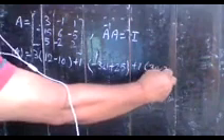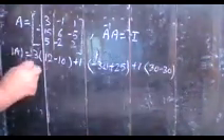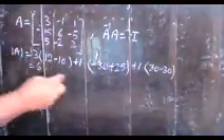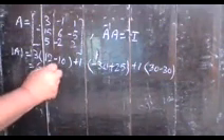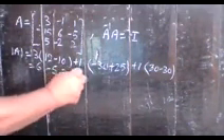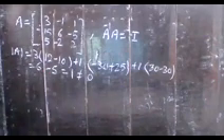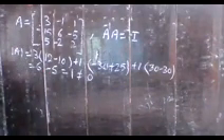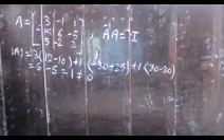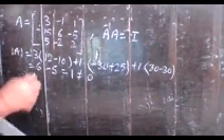So you have 6 plus minus 5, which is equal to 1 and not equal to 0. So A inverse exists. Write it.